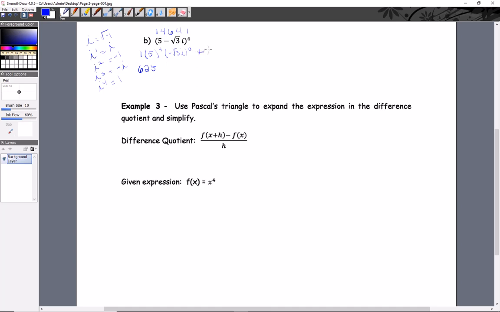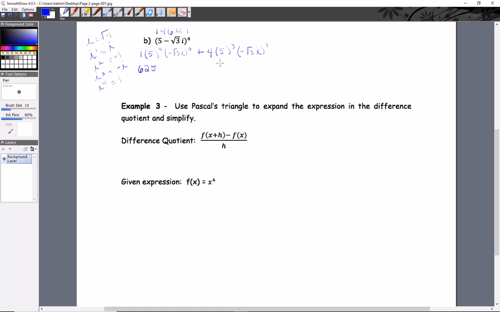Then our next coefficient is a 4, right, the second one. And this will be times 5 raised to the 3rd, and then times negative radical 3i to the 1st. All right, so this is going to be 125, and 125 times 4, just let me make sure, 125 times 4 is 500.